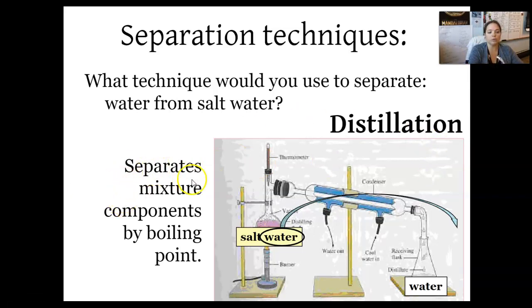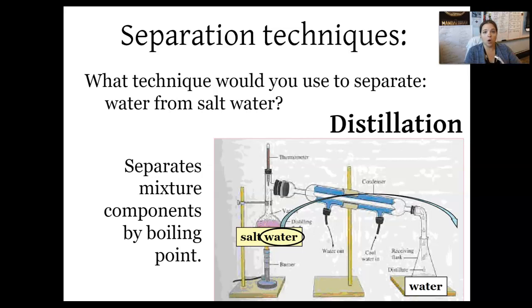So what you would do is you would separate based off of boiling points, right? So if I was to boil salt water, the water would boil off and evaporate because the salt would stay behind. Salt has a higher boiling point than water.